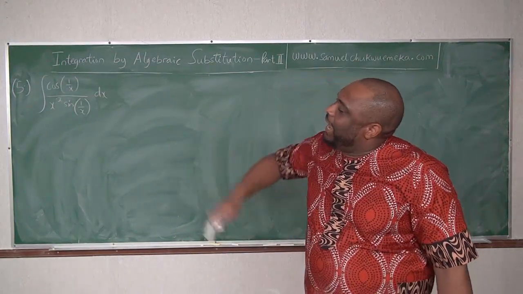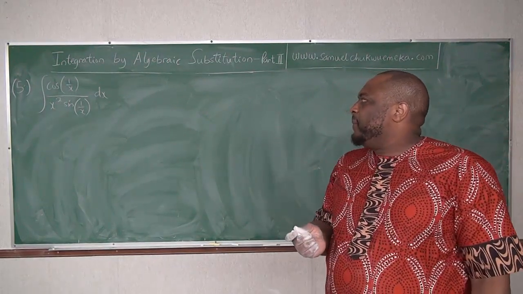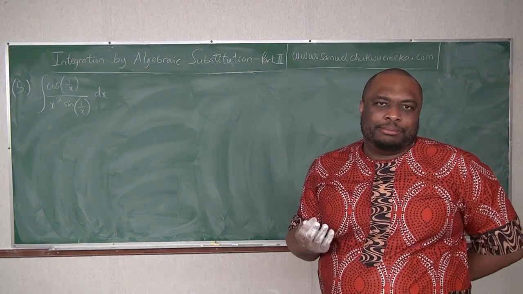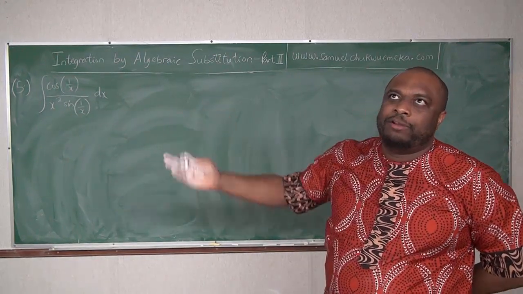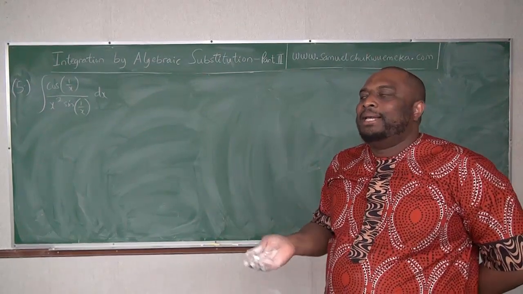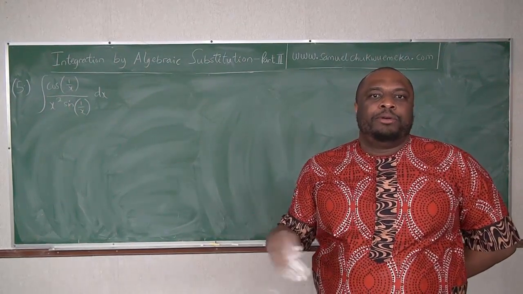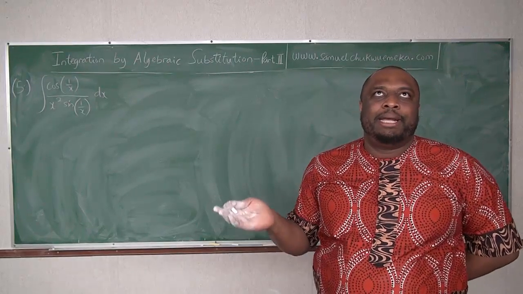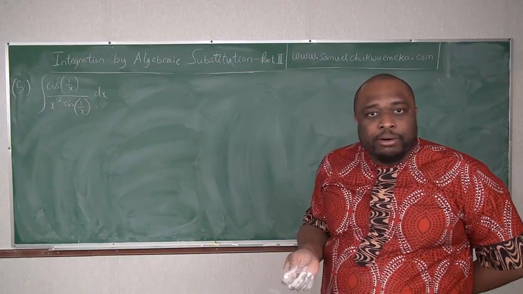Okay, so here, what do we substitute? What do you think? As you can see here, you have cos 1 over x, you have sine 1 over x. If you use 1 over x, when you find the derivative, you're going to get negative 1 over x squared, so something can cross out.